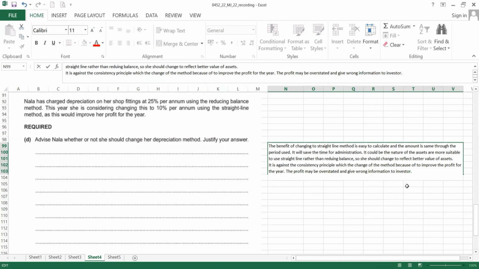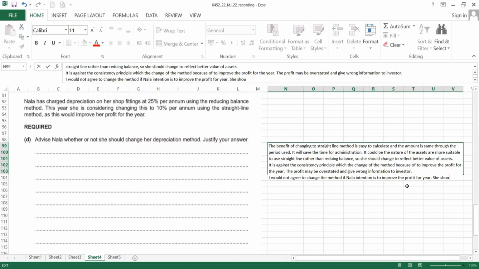And then the recommendation: I would not agree to change the method if Nala's intention is to improve the profit for the year.